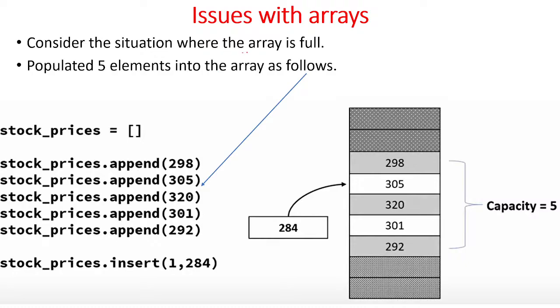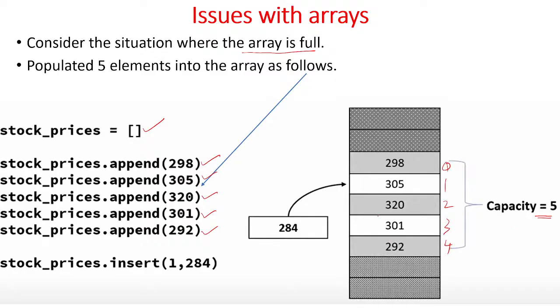For example, your array is full. Assume that internally it has allocated an initial capacity of 5. You created an empty list here, stock prices, then you added 5 elements into the list. Then the capacity of 5 elements will be full.